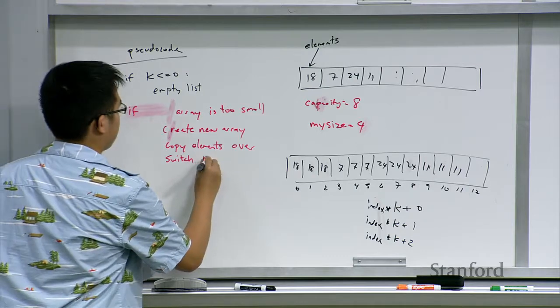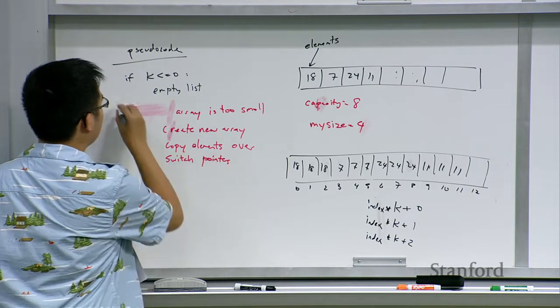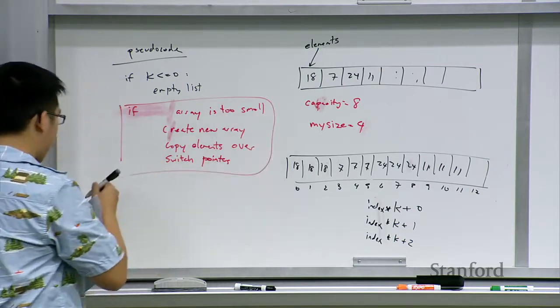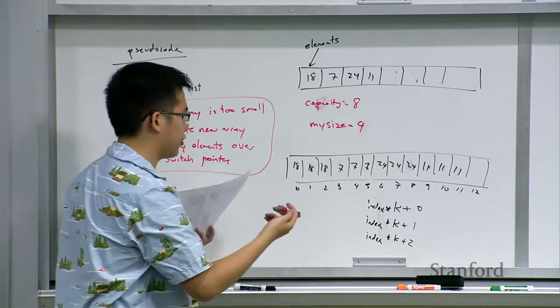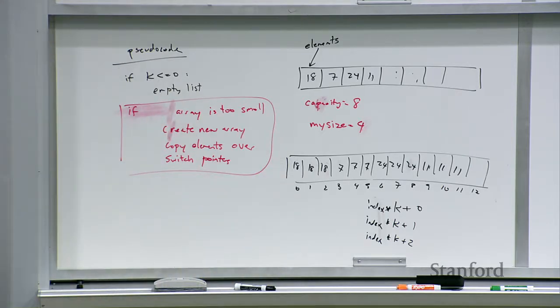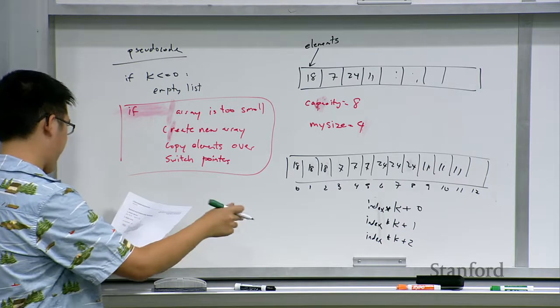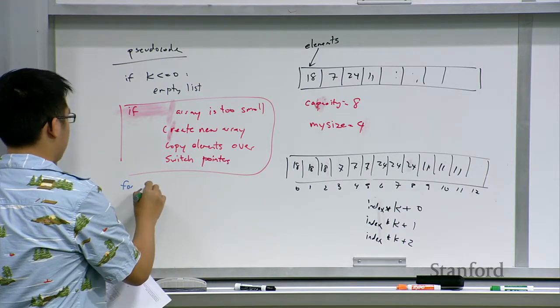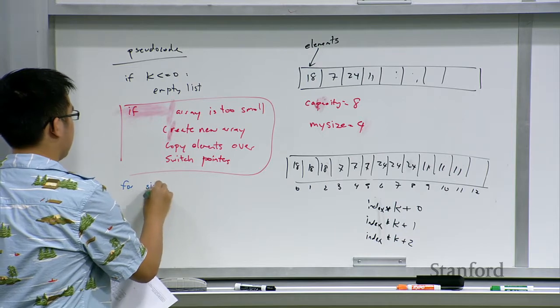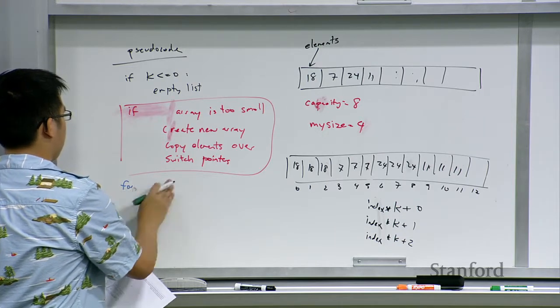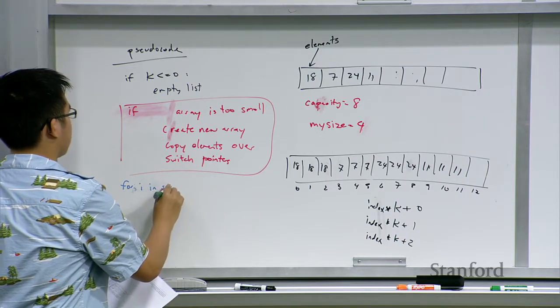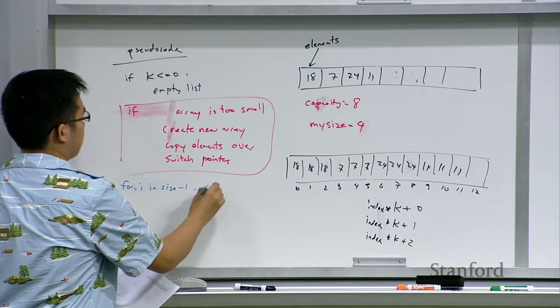All right, so let's finish our pseudocode. This is only if the array is too small, but in either case, you have to perform this operation. Here we'd say, okay, we want to start from the back. So for i in size minus 1, all the way to 0.